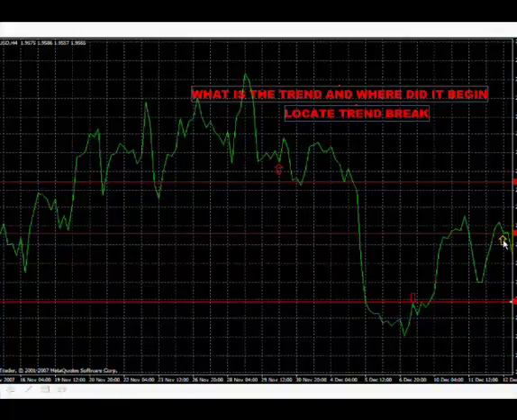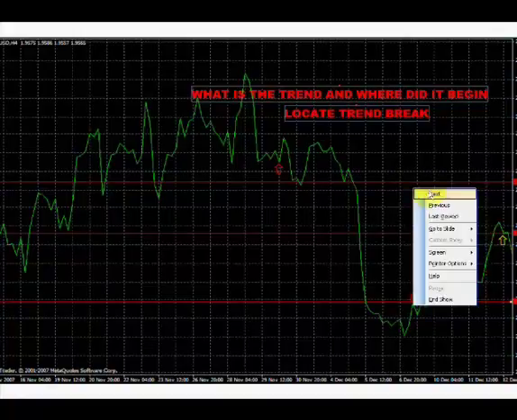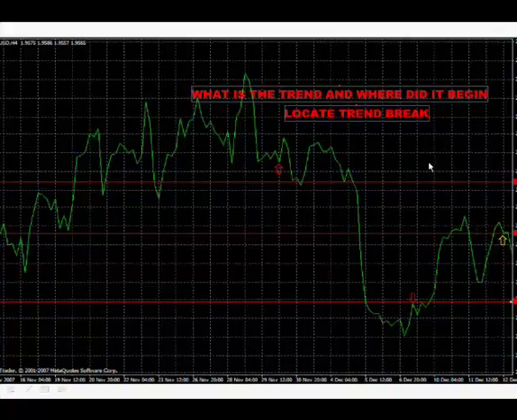And let's go back, if we were to just look at this chart and see how that alone would keep us on the right side of the market. Look right here. When price closed below this low, price continued down.